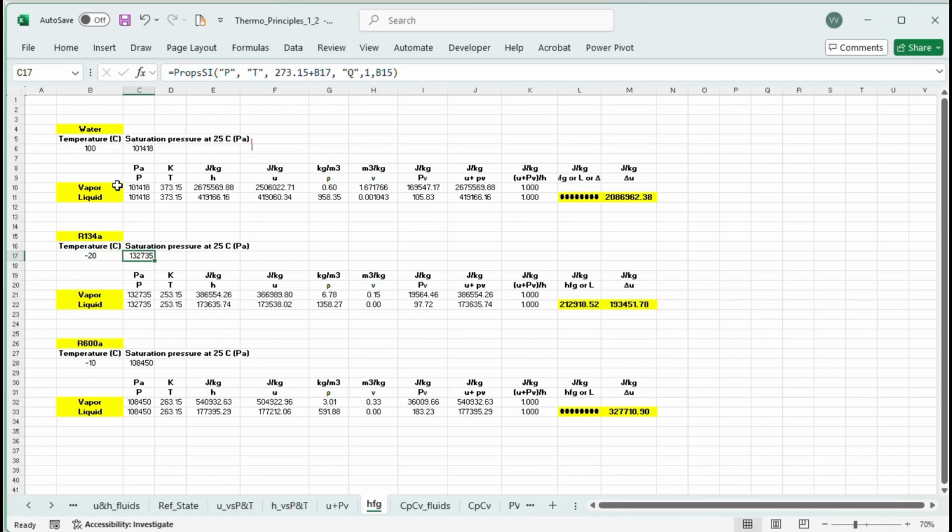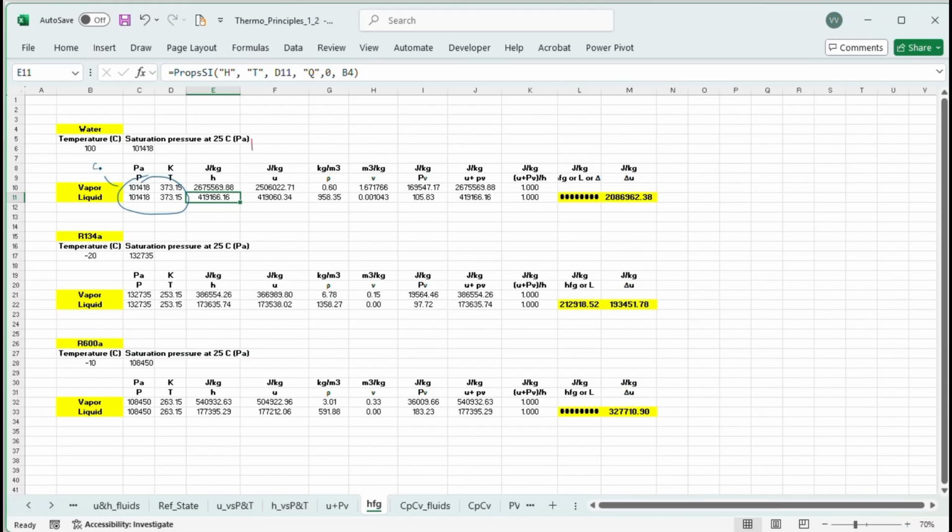And then we're looking at the vapor and liquid phase enthalpies and internal energy of these two phases. So for vapor, what is the enthalpy? For liquid, what is the enthalpy? The conditions are the same. These are saturation conditions.